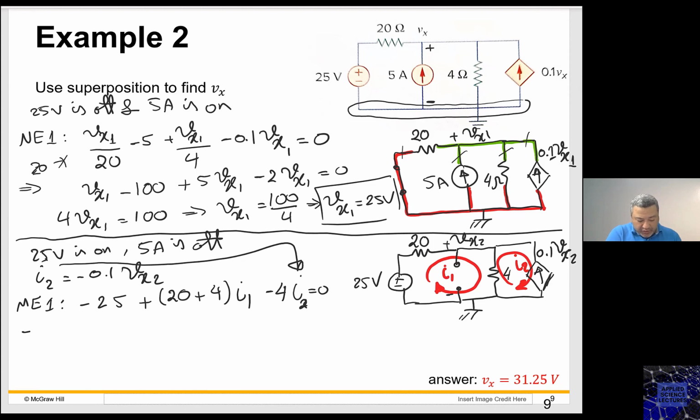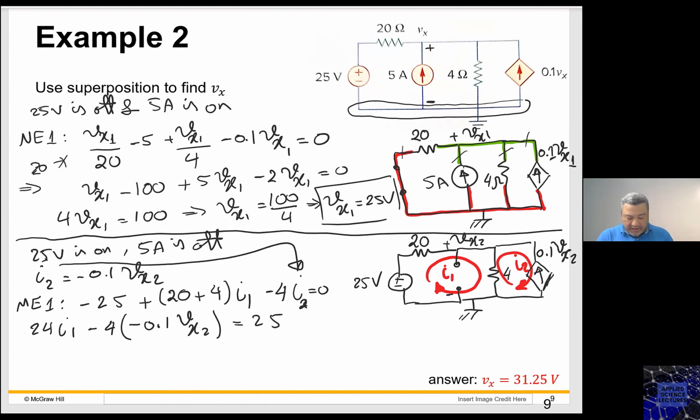So I have here 24 I1 minus 4, what is I2? I2 is minus 0.1 Vx2, equals 25.